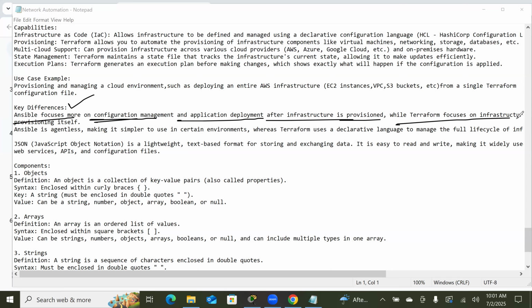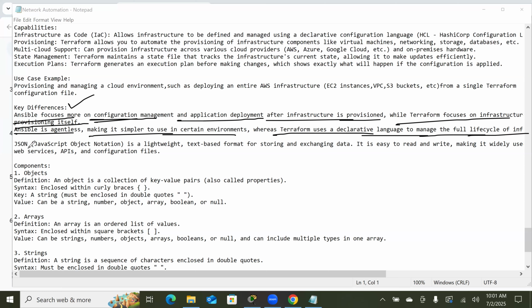While Terraform focuses on the infrastructure provisioning itself. And Ansible is agentless, making it simpler to use in certain environments, whereas Terraform is a declarative language to manage the full life cycle of the infrastructure.